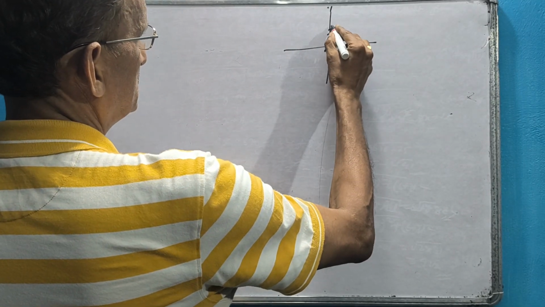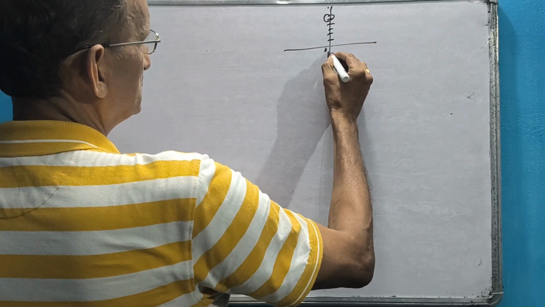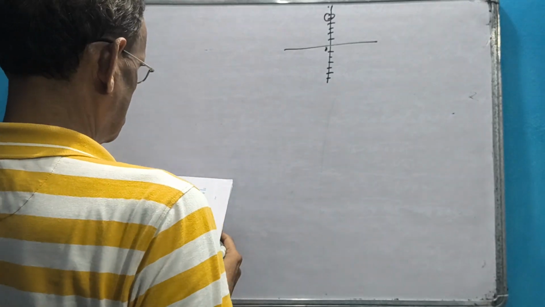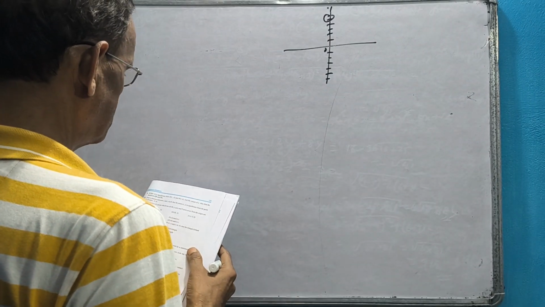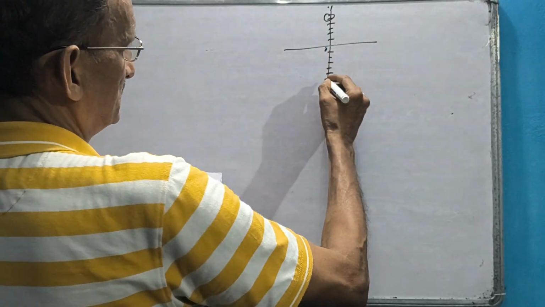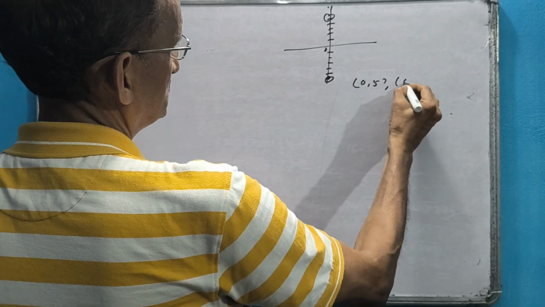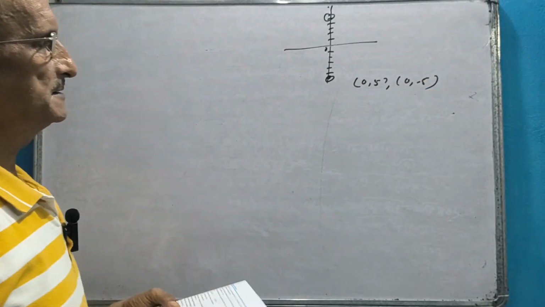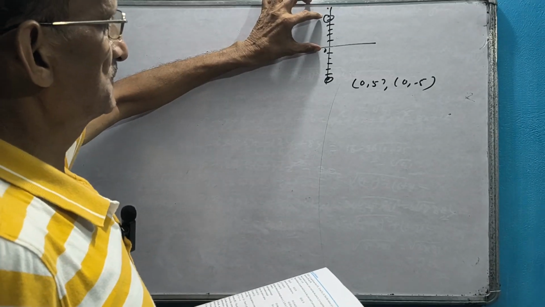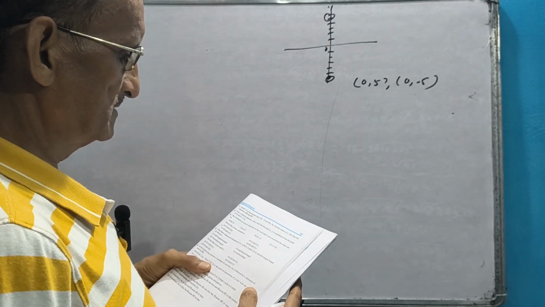So it can be on this side, 1, 2, 3, 4, 5, or it can be here also, 1, 2, 3, 4, 5. So what is being asked? What can be the points on the y-axis? It can be (0, 5) or (0, minus 5). If the point is on the y-axis at a distance of 5 units from the origin, it can be on either side, so both are possible.